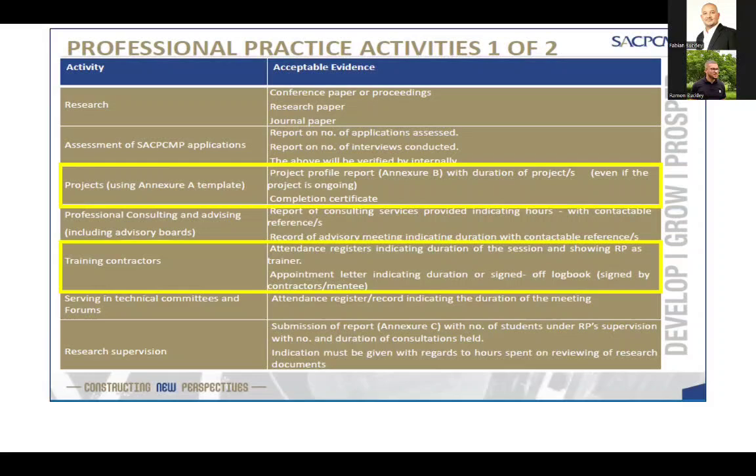So going on to the next activity is training contractors.